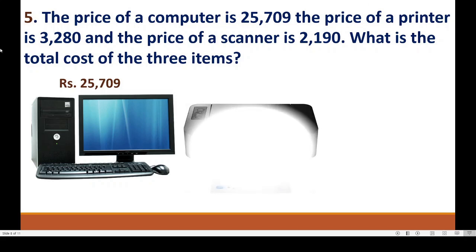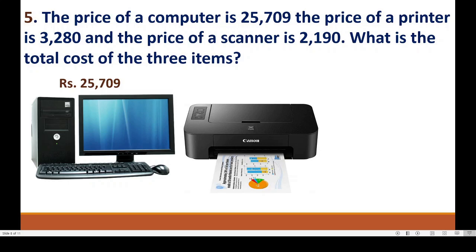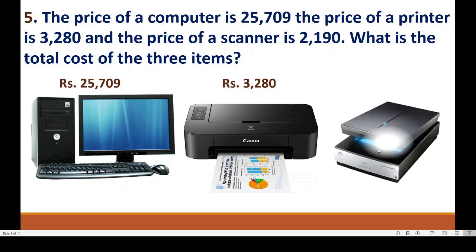We take out the printer here. We take out the prints, isn't it? So this is called printer. What is the cost of the printer? See this. Rupees 3,280. This is printer. Now the third one is scanner. See, this is scanner. Okay.